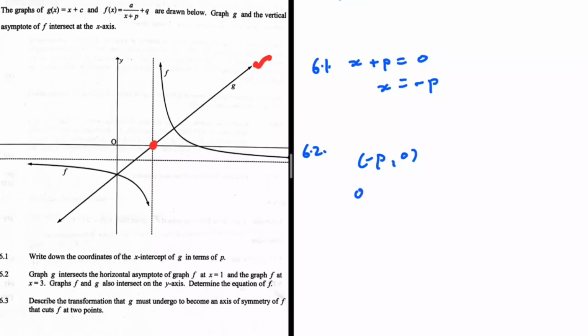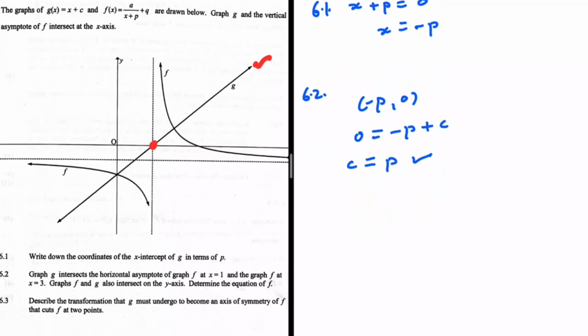If we do that, we get 0 equals minus p plus c. So clearly c is equal to p. So we've used 6.1 to deduce that c is equal to p. Okay, we've used that piece of information.